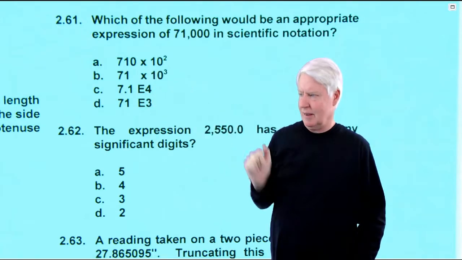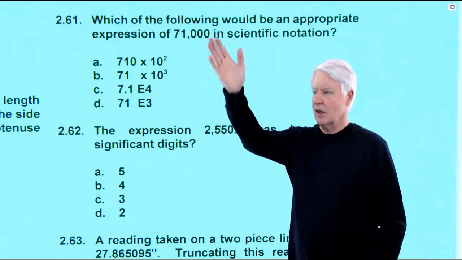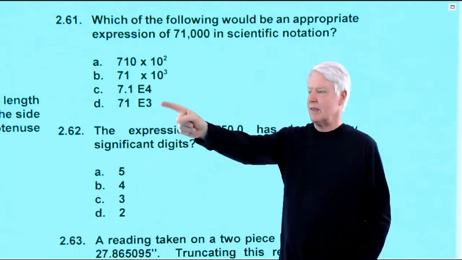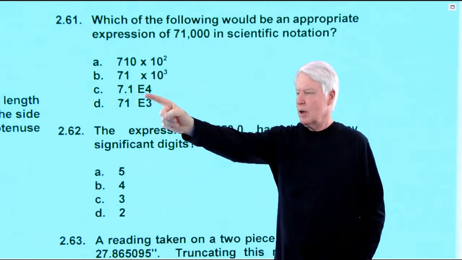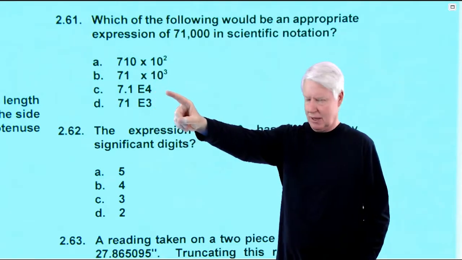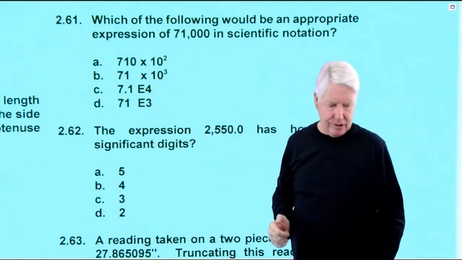Problem is, so are these, because these are engineering notation, not scientific notation. So this question is kind of messed up, to be honest with you. But the correct answer will be 7.1 e to the 4th. Remember, e takes the place of times 10, so it's really 7.1 times 10 to the 4th.